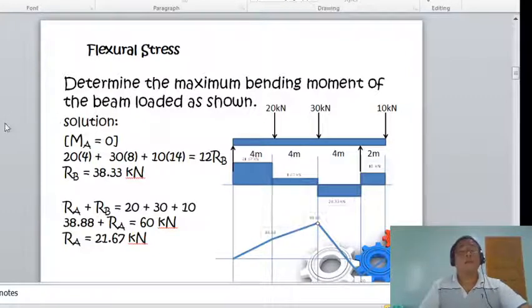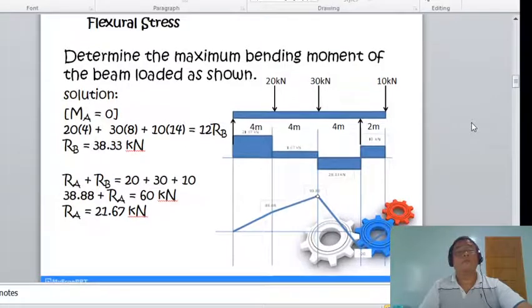That is 20 multiplied by 4, plus 30 multiplied by 8, plus 10 multiplied by 4, equals 12 RB, where B is the support at B. The reaction at B is 38.33 kilonewton. Taking summation of vertical forces, the reaction at A is 21.67 kilonewton.